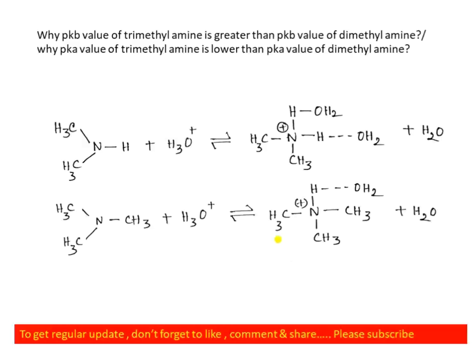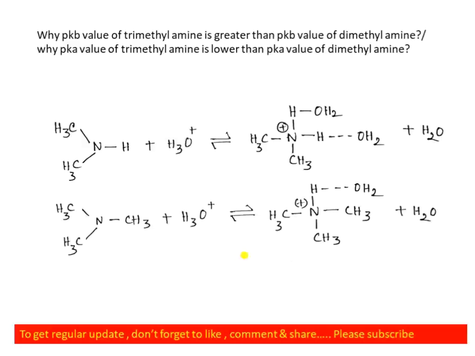That means trimethylamine has a lower Ka value than dimethylamine, and again trimethylamine has a greater pKb value than dimethylamine. Again we know that the pKa value is opposite to the pKb value. That means if the pKa value increases, the pKb value decreases and vice versa. That is why the pKa value of trimethylamine is lower than the pKa value of dimethylamine.